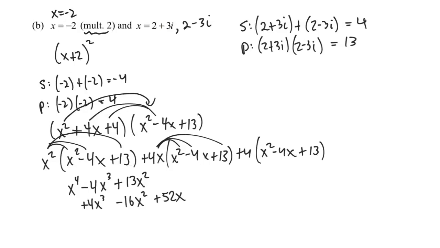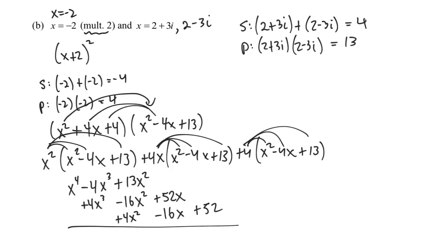Okay, I'm ready to move on to the last bit of distribution here. So 4 times x squared is going to be plus 4x squared. 4 times negative 4x is going to be minus 16x. And 4 times 13 is going to be plus 52. And then I am ready to add all of that together.